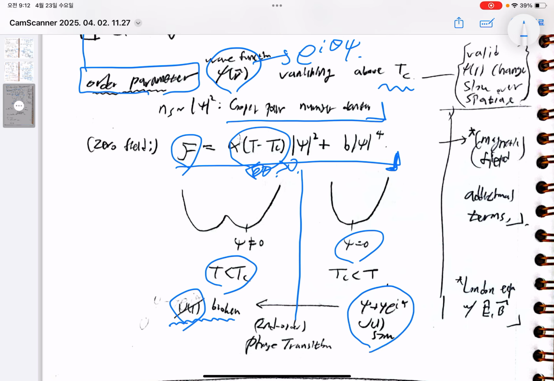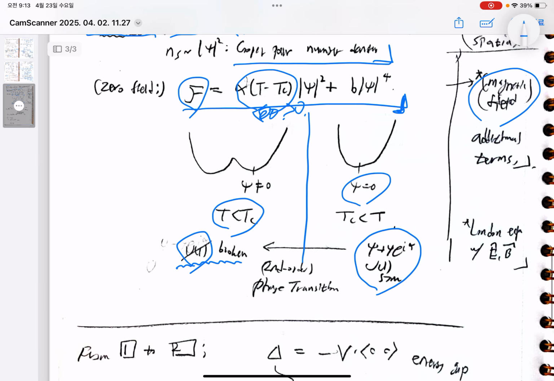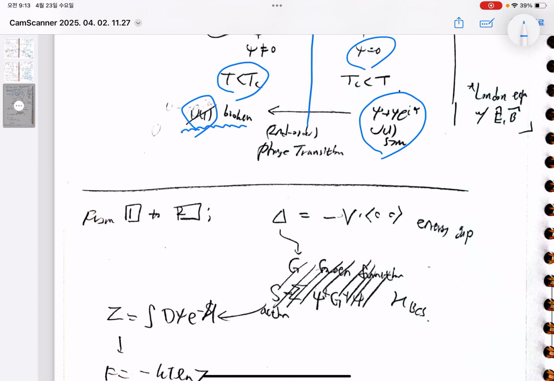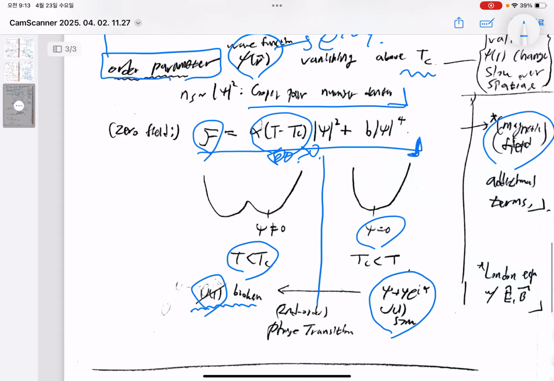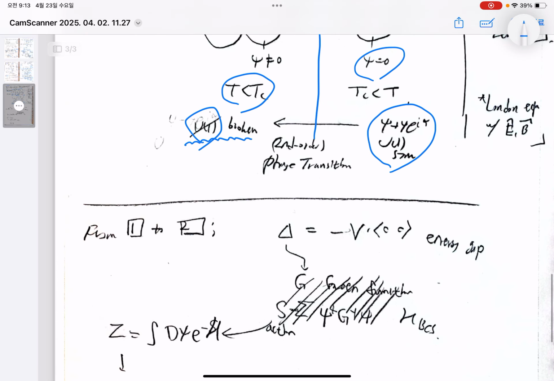So there will be no Cooper pairs at high temperatures, and the superconductivity will be lost. And if we add the magnetic field term, there will be an additional term, which can be described by the London equations with electric or magnetic fields. So we can combine the microscopic and the macroscopic points of view.